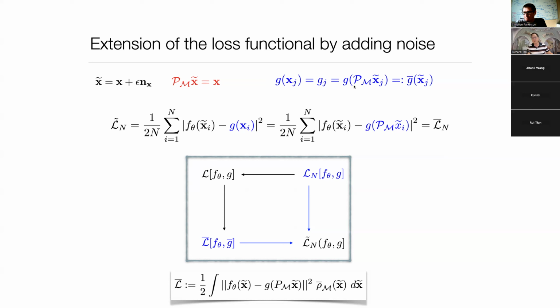This evaluation will be the same as evaluating the same function g on any of these perturbed data points x tilde projected. But you can change your interpretation of this expression. If I look at the composition of this projection together with g, I'm defining an extension of my label function into the normal space, into the entire ambient space. And if this is the closest point projection, then this function G star will remain constant in the normal direction of your data manifold.